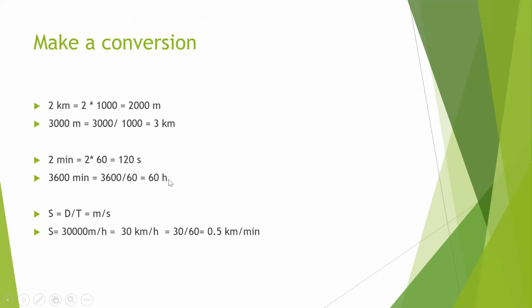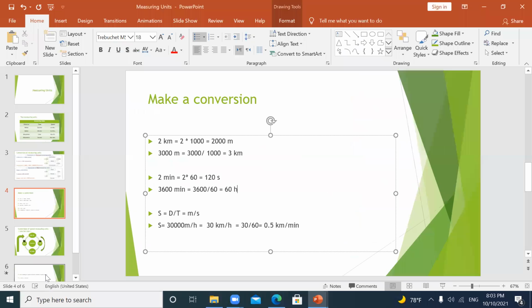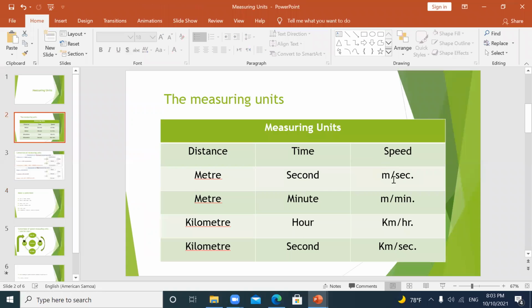Okay, so when we talk about the speed measuring unit, as we know, speed equals distance over time, like meter per second, meter per minute, kilometer per hour, kilometer per second, as we agreed.